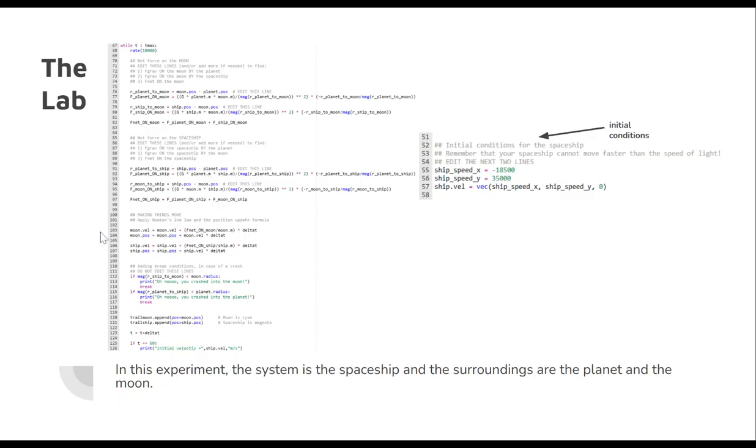We use a momentum update, velocity update, position update, and then you're adding the different components of the forces for each thing: on the planet, on the moon, on the ship.